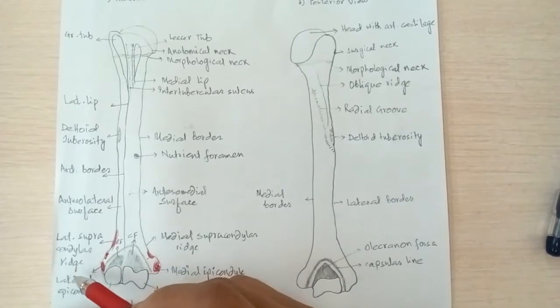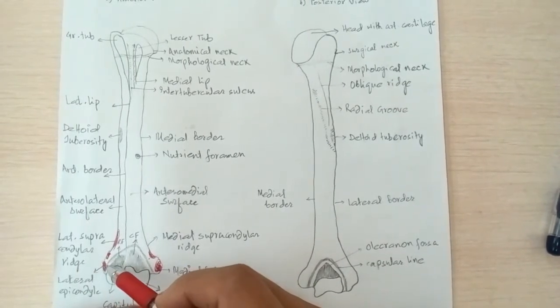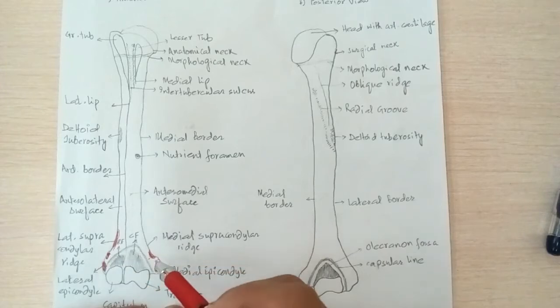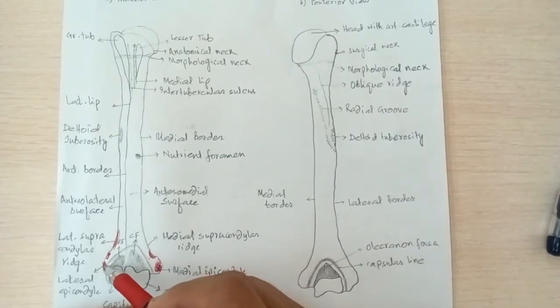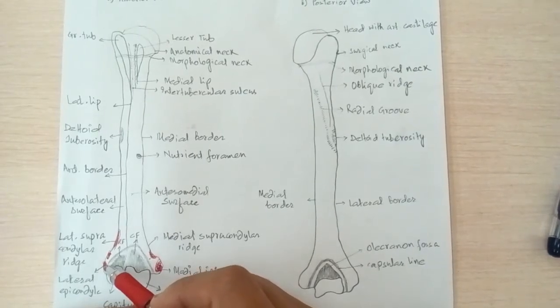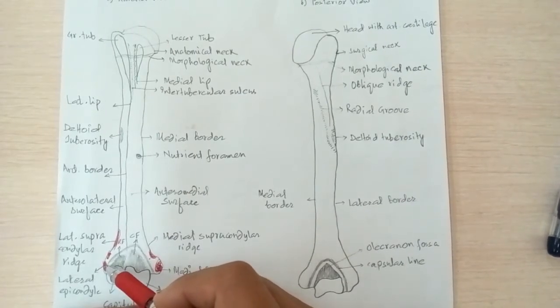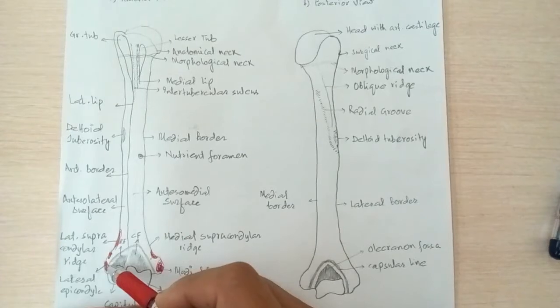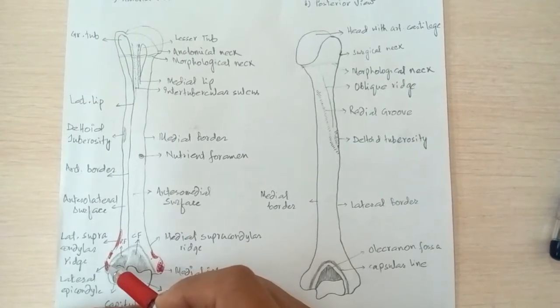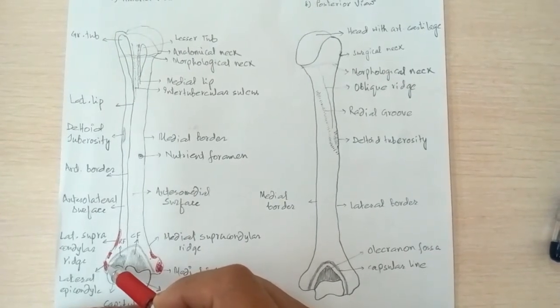And the common extensor origin is this area. Same as the medial epicondyle, in the lateral epicondyle we have the common extensor origin, meaning the majority of the extensor muscles of the forearm originate from this lateral epicondyle.